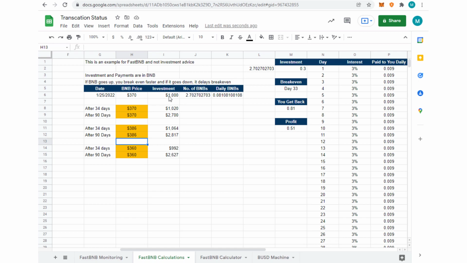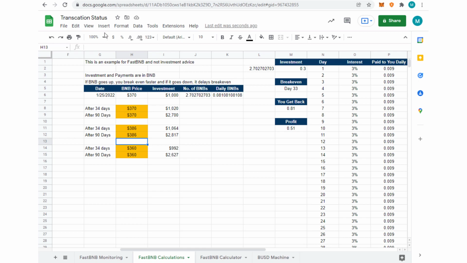So there are two elements that are important. One is the price of BNB going up. You could profit from that coin. Second thing is you're making yield farming or mining based on being on the FastBNB. So there are two parameters that are important here. And also I would say the third one is you add referral.